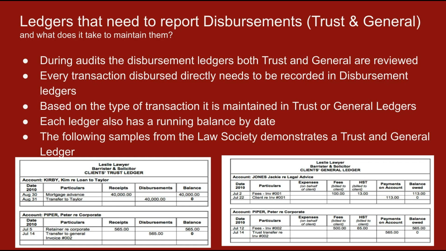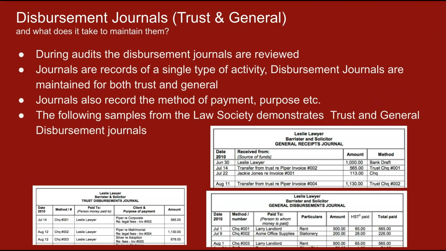Each ledger has a running balance with the date, and based on the type of transaction, it falls into trust or general respectively. And every transaction is directly recorded into disbursement ledgers or journals as well. So when you download a general disbursement journal or ledger, you'll be able to see the appropriate transactions that pass through the general account.